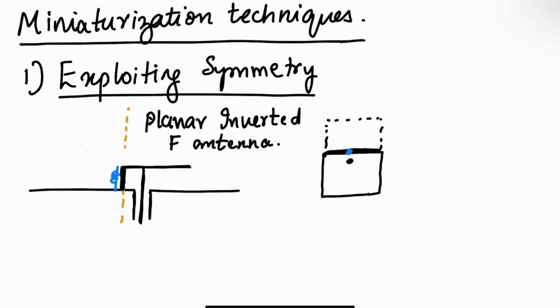This is the F, and this is an inverted F. These are very popular for phones, small PCBs, RFID tags, things like that.